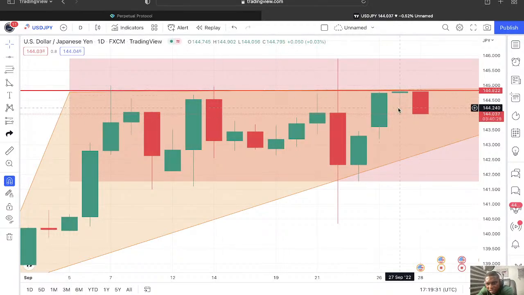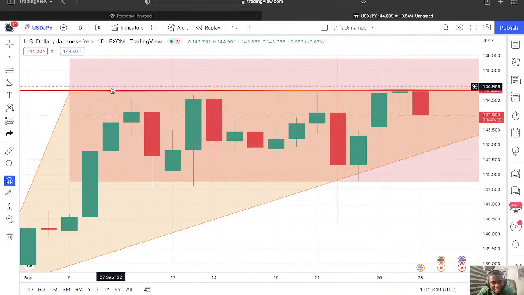And if you observe this last candle, it was a pin bar, a bullish pin bar. If you look at the price, they lean towards this resistance zone. Look at this price. It came here, it touched this level before it was resisted because of the resistance zone.